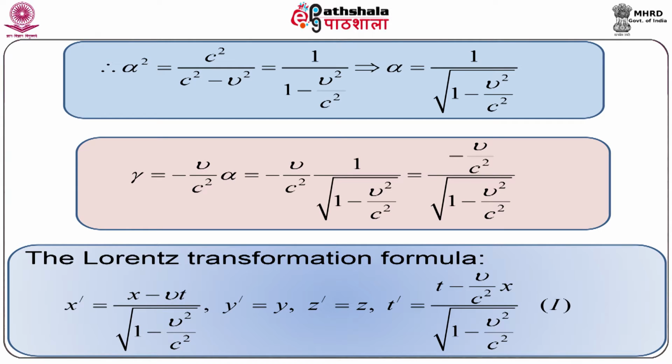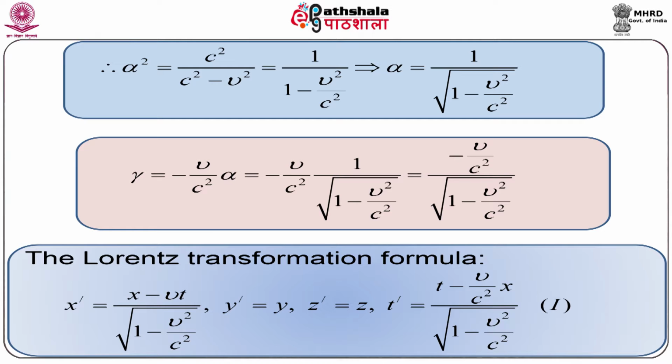Solving these, we get alpha square equal to this, which can be written like this one. Thus, we get alpha equal to 1 divided by square root of 1 minus v square divided by c square. In a similar fashion, solving for gamma, we get gamma equal to minus v by c square into alpha. Substituting the value of alpha already obtained, we get this one.